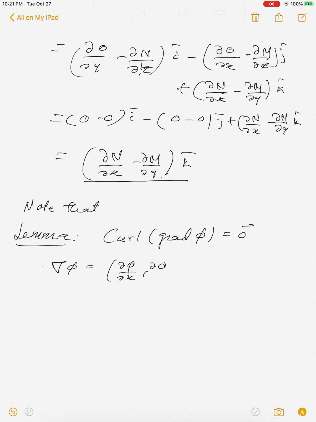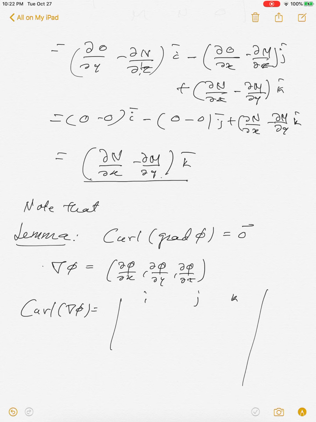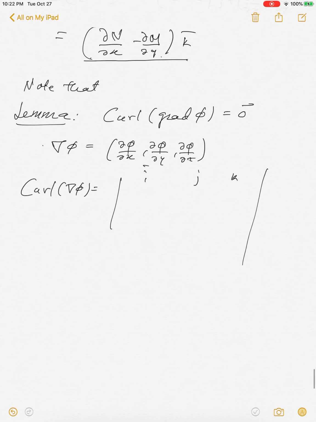So what is grad phi? This is your d phi/dx, d phi/dy, d phi/dz. So what is curl of gradient of phi?